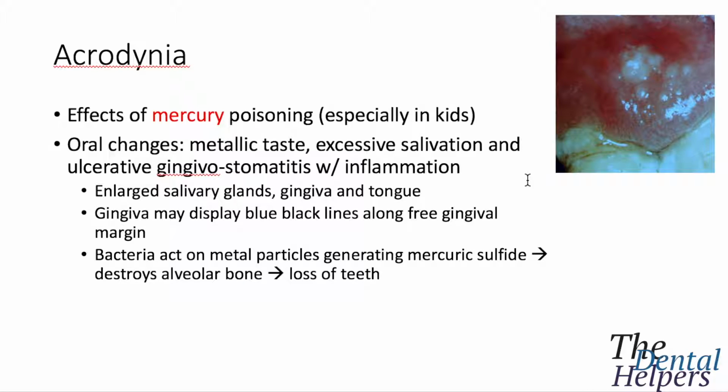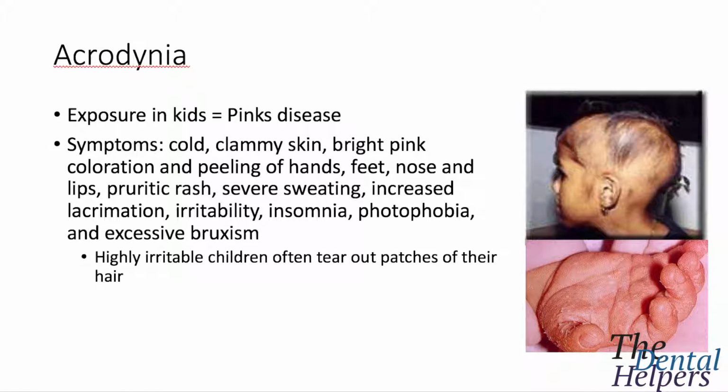Bacteria are going to act on the metal. They're going to basically eat the metal particles, generating mercuric sulfide, and it's going to destroy the alveolar bone, which leads to tooth loss. If it's exposure in kids, it's going to be Pink's disease. Look at his hand.